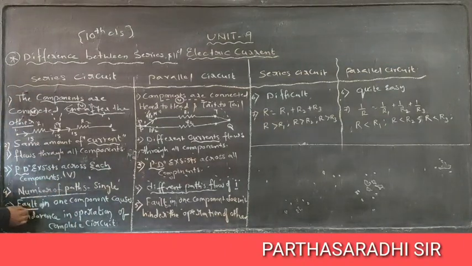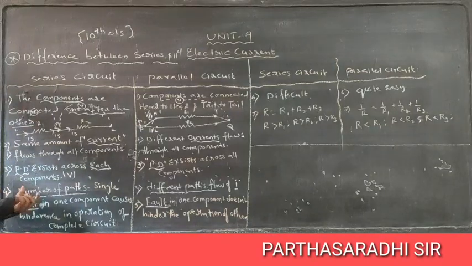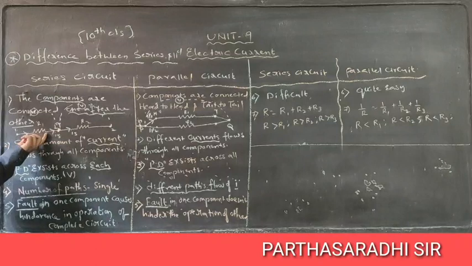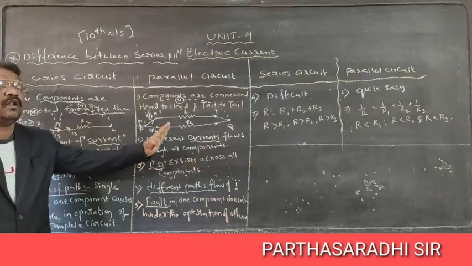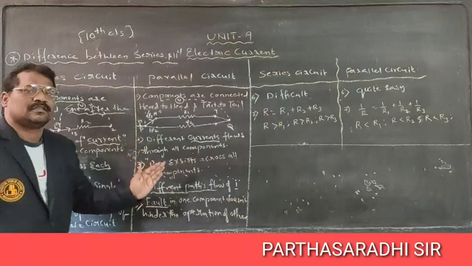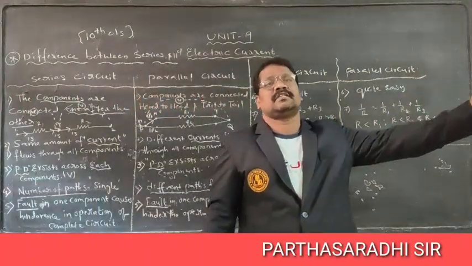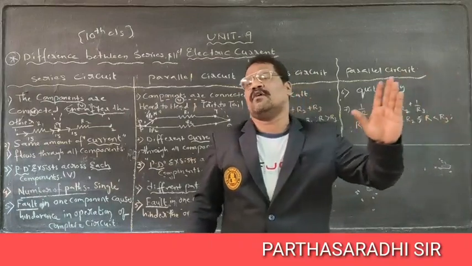Fifth point is what? Fault. If you are going to identify a fault, what fault will be there? If one of the components, the first component, is short circuited, then what happens? Current does not flow through all the components. From where the component has been short circuited or hindrance occurs, from there onwards the next components don't get any flow of current.